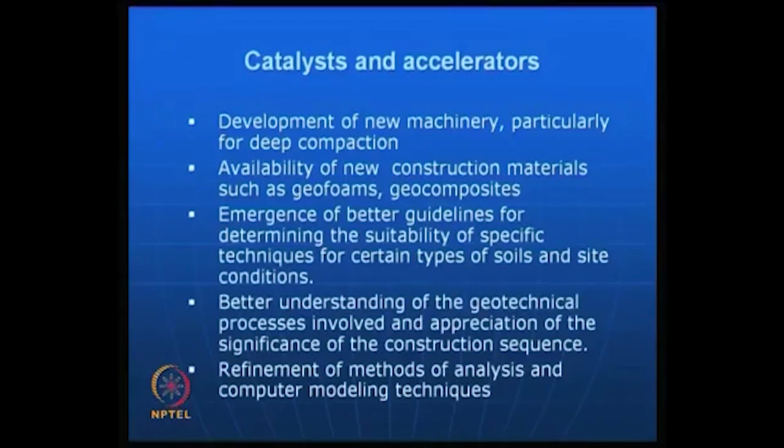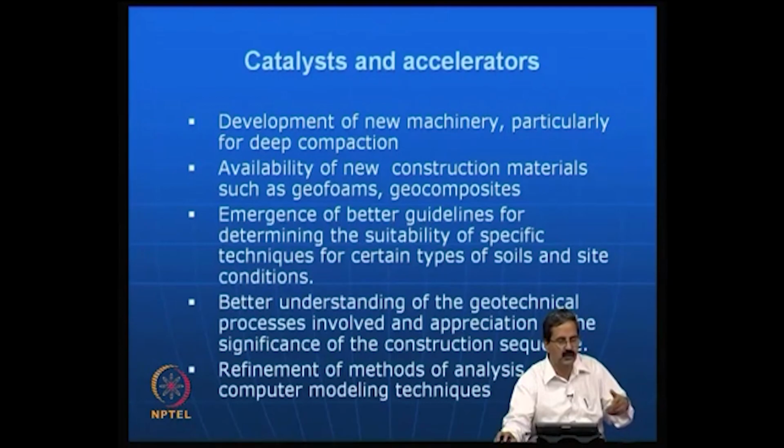But for deep compaction, where the soil has to be compacted to about 15 to 20 meters, you need to have some more machinery, where you make a borehole, then put some system into the soil. Say for example, I was talking about stone column. For a stone column, you have to make a bore, then put the stone inside, and then slowly withdraw that.